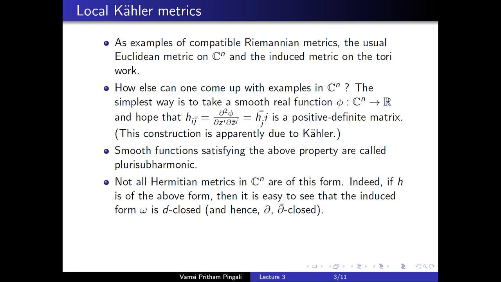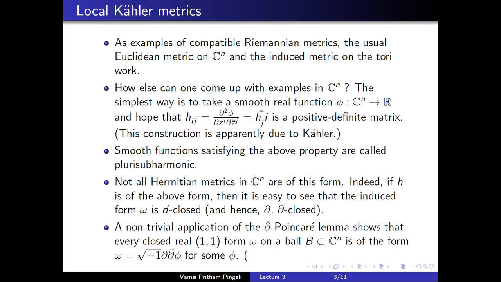So if H is of that form, then dω is 0, and hence, since ω is a 1-1 form, ∂ω is 0, ∂̄ω is also 0. So this is a necessary condition, yeah? Is it sufficient is the next question. If dω is 0, at least locally can you find a φ that works? You can. It's not trivial though.